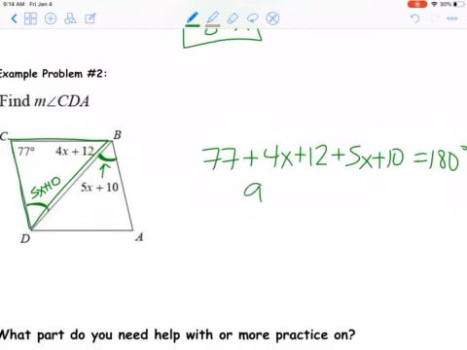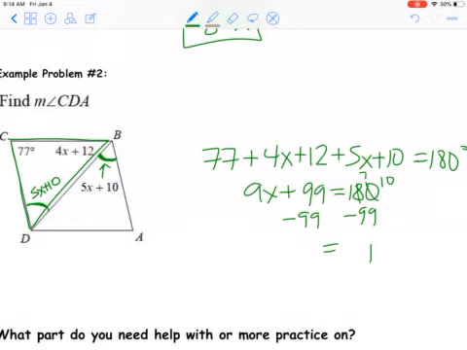You solve it, we get 9x plus, let's see, 99 equals 180. So we subtract the 99, and we get 9x equals 81. So x equals 9.